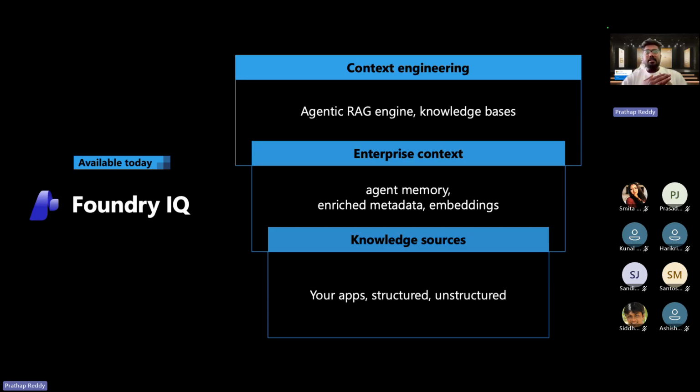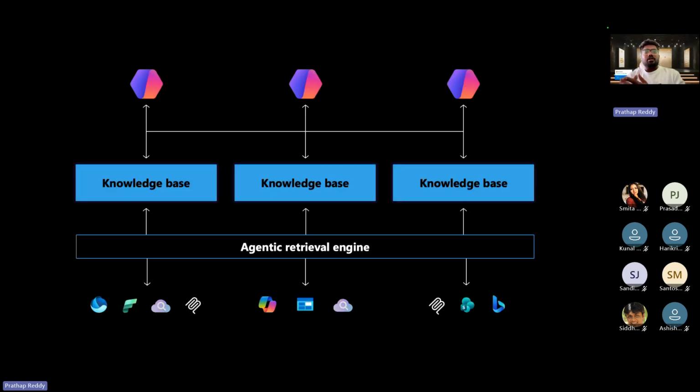These are the main things that give the best accuracy in responses, along with knowledge sources. These knowledge sources include your apps and your structured, unstructured, and semi-structured data. This data comes from different platforms and different data sources, so we call them knowledge sources, and we can embed this data into your Foundry IQ layers. Okay, now coming to the next slide.